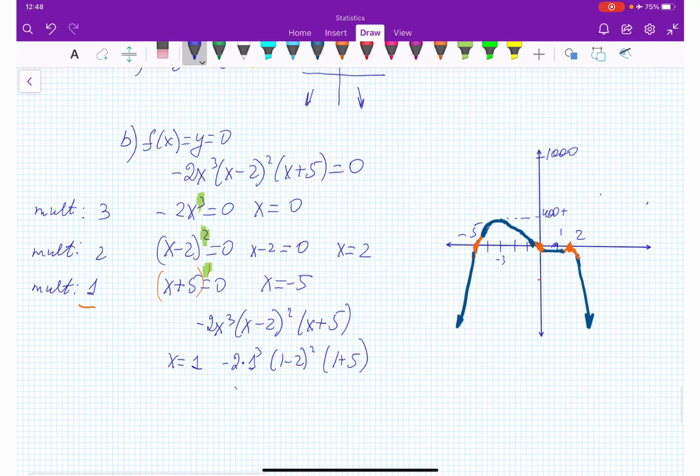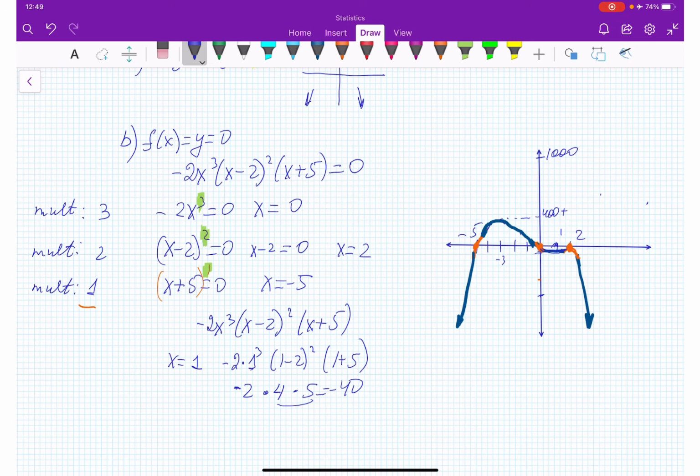So it's going to be negative 2 times, negative 1 squared is 1, so times 4 times 6. Hmm, this is 24 times negative 2, negative 48. If this much is my 400, negative 40, will it be here? Yes. Okay, and that is going to be your answer.